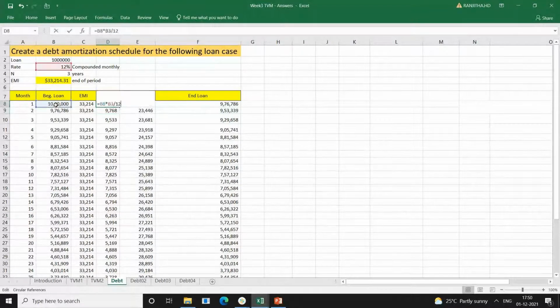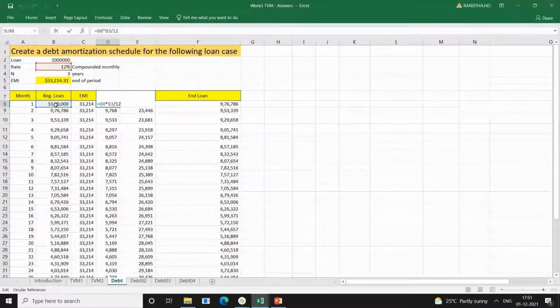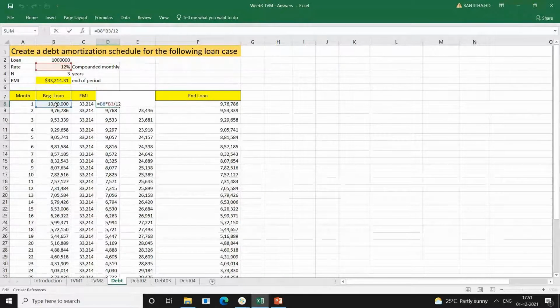So when you are dragging, the reference changes. So that time I'll make this one absolute. Which one? Interest rate.